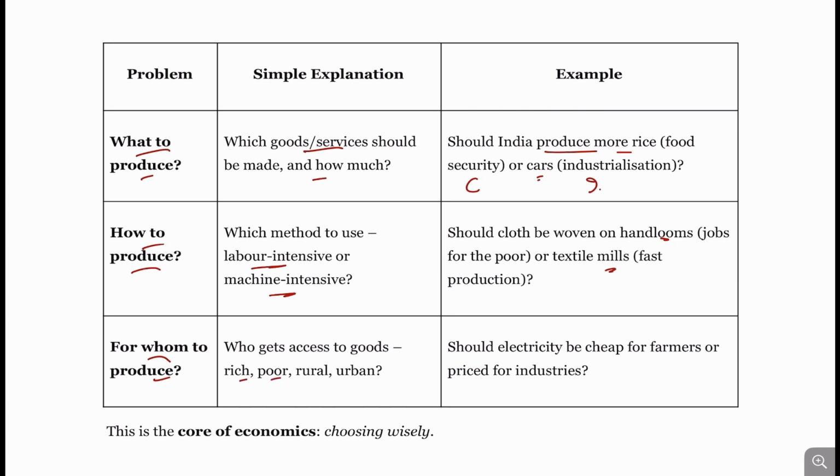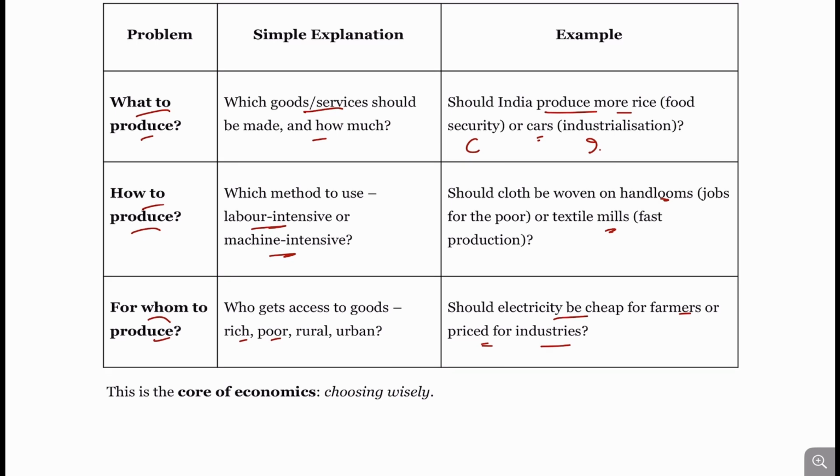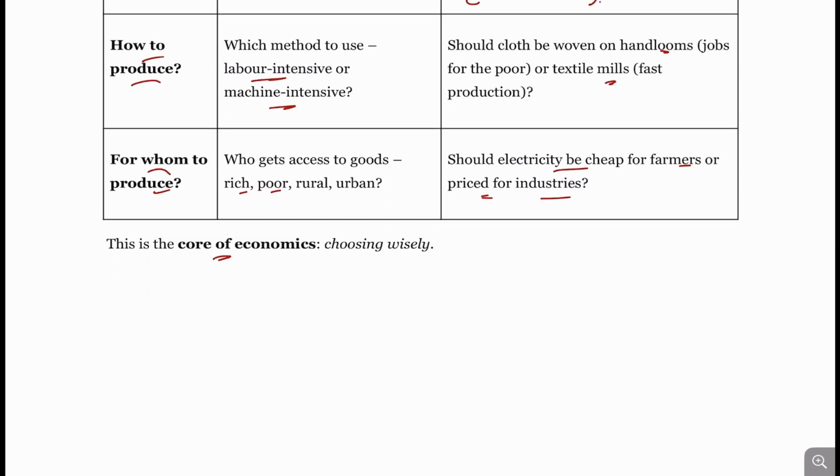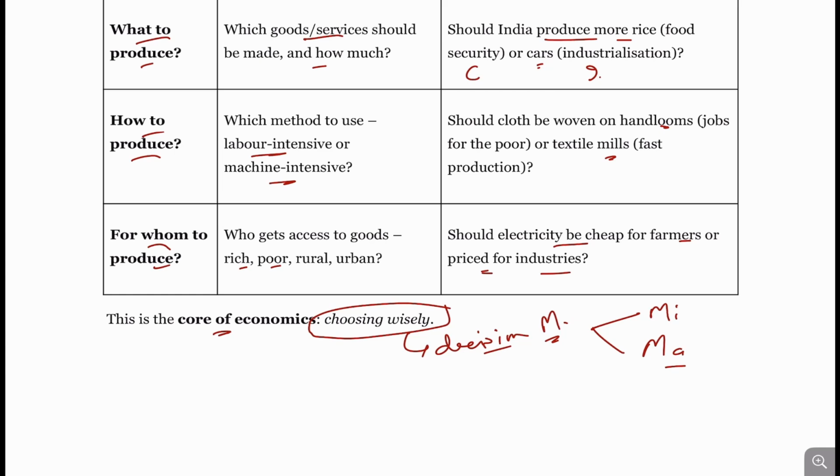Whether they are rich, poor, or affluent people. Should electricity be cheap for farmers or priced for industries? Right? So these are some of the decisions that need to be taken by the economy. This is the core of economy, and we have to choose wisely, any decision maker. And whether in microeconomics or macroeconomics, whoever is deciding should decide on the basis of these three questions only.